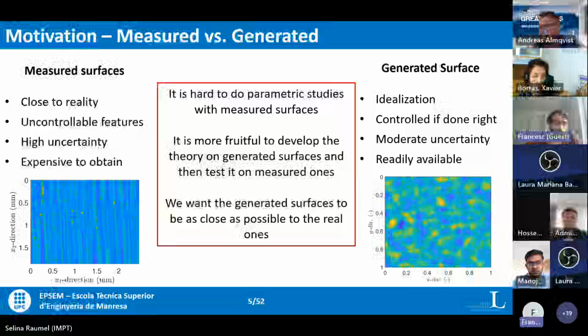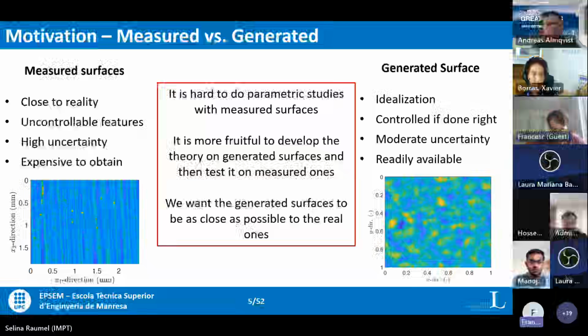But of course, for this to be adequate, the generated surface has to be as close as possible to the measured surface. And the question is, what do we mean by as close as possible?